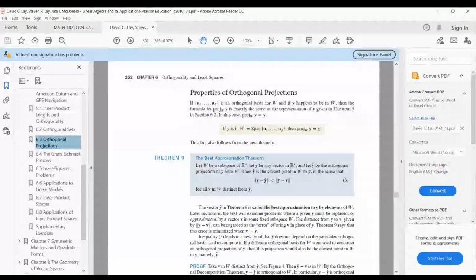It would be closer than any other vectors v in the subspace W, different from y hat. And intuitively, it makes sense.